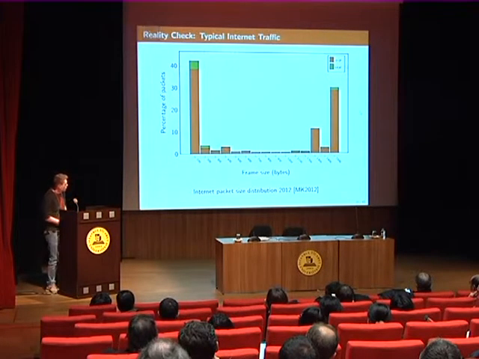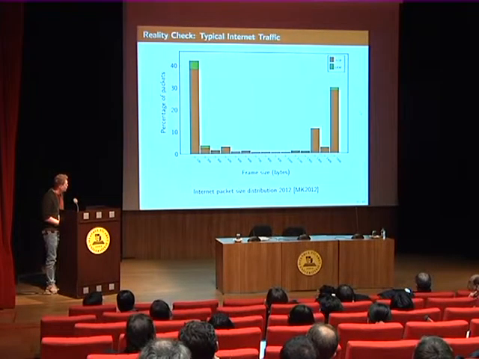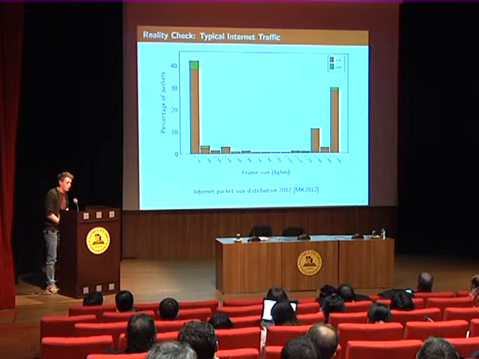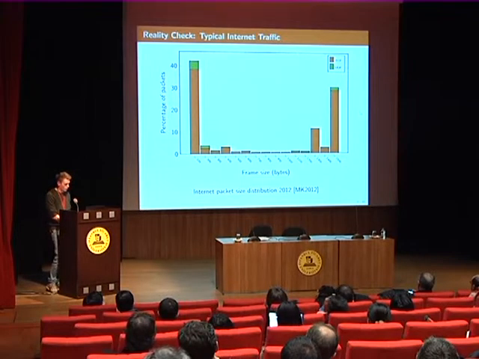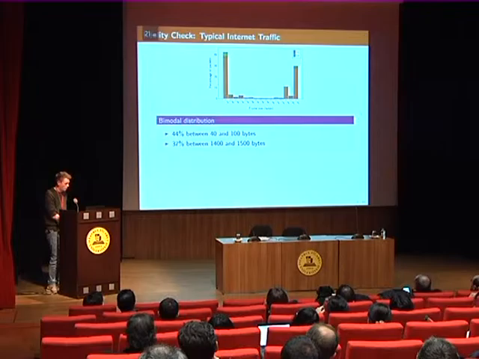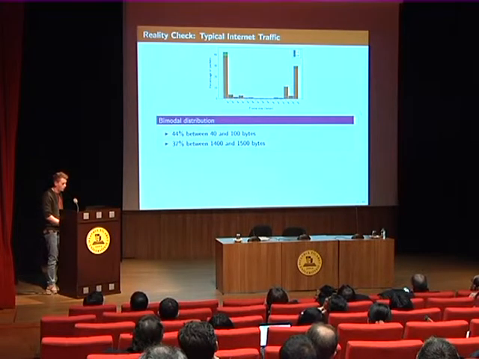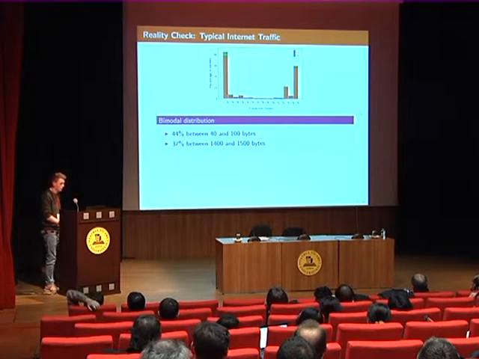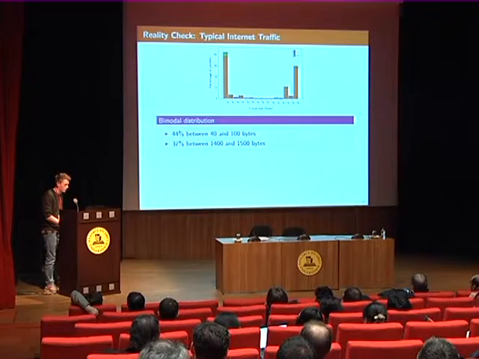This brings me to this picture. So this is a bar chart showing how packet sizes are distributed on the internet in 2012, so a fairly recent study. And what we basically see here is that about 44% of packets are between 40 and 100 bytes in size, and about 37% are between 1400 and 1500 bytes in size.